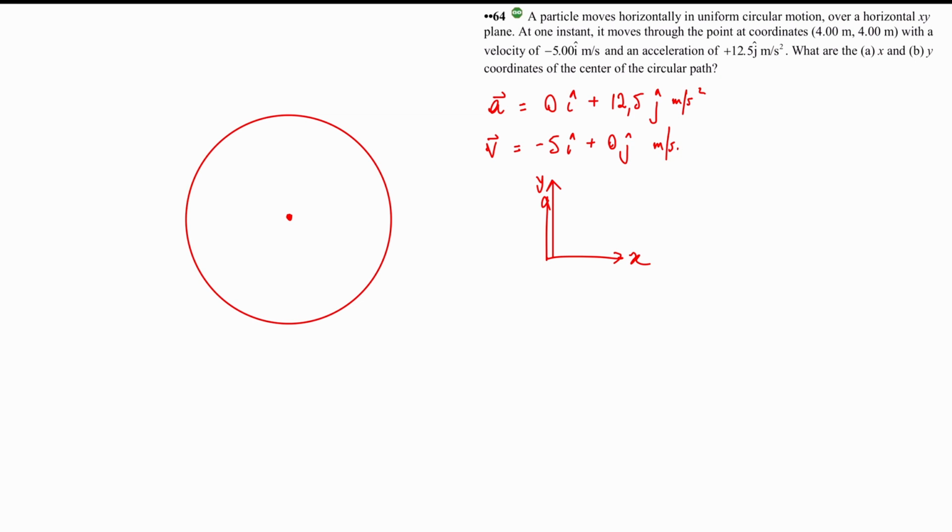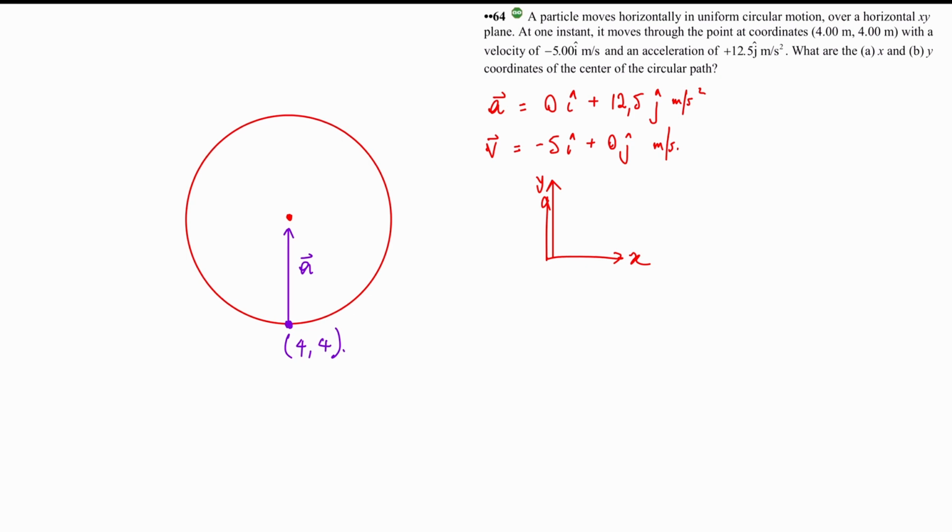So we're going to do exactly that. Let me change colors and draw it this way. This is our acceleration vector. And we're told that when the particle has this acceleration vector, its coordinate here is actually 4, 4. That is 4 units along the x and 4 units along the y.